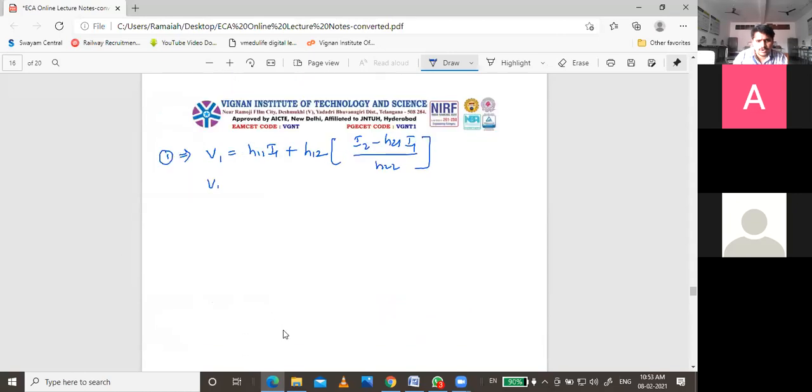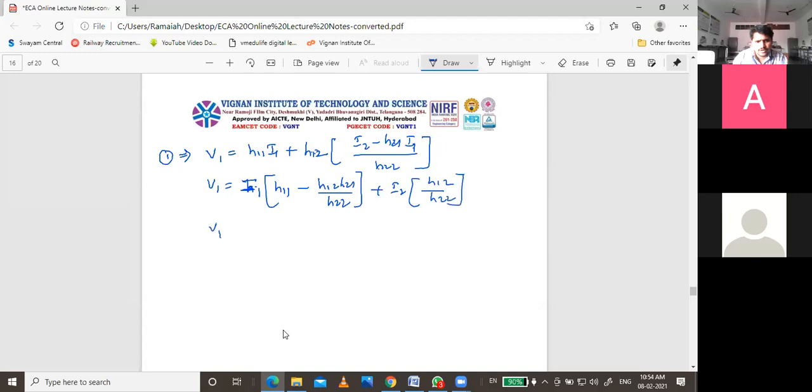So V1 equal to H11. Sorry, first I will take I1 as common. What is the term here? H11, minus H12 H21 by H22, into I1. So I1 has been taken common. Plus, now take I2 common. If you take I2 common, only H12 by H22.